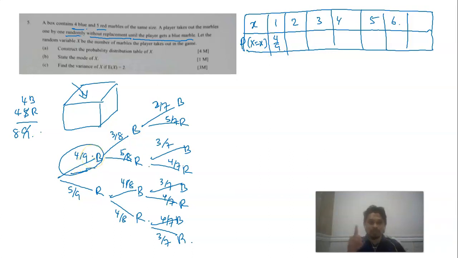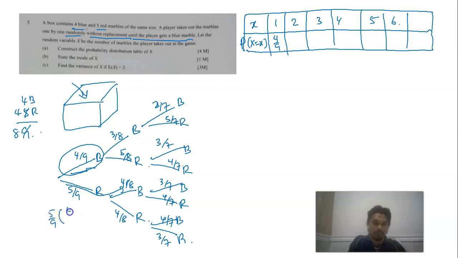I will stop picking balls from the box once I get a blue. So if the first time I get a blue, I stop, and the probability is 4/9. Let's say the first ball is red and the second ball is blue, then it is 5/9 times 4/8.